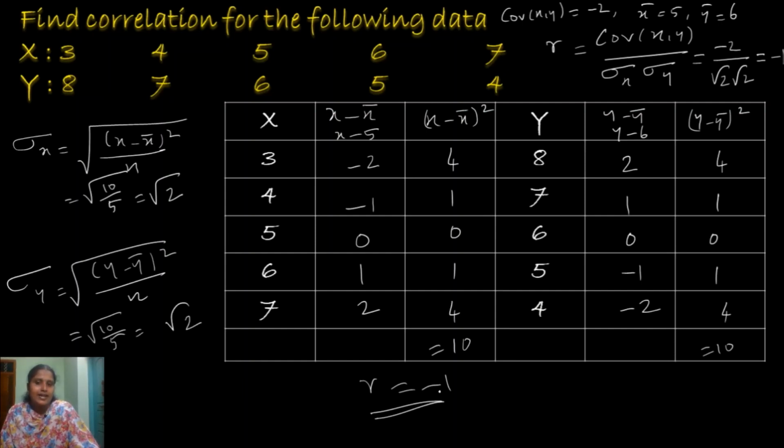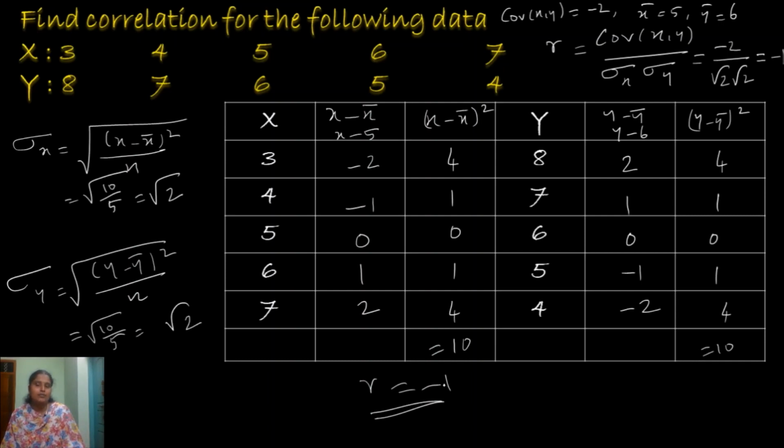So look at the value of r. Based on the value of r, we can get information about the strength of relationship and also the direction of relationship. Here negative value is an indicator that there exists a negative relationship between the two variables x and y. That is, there exists a negative correlation between x and y. Both of the variables are inversely related to each other.